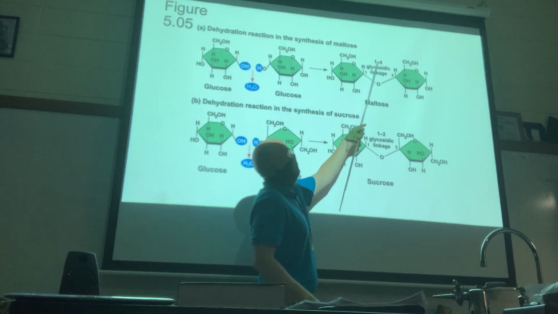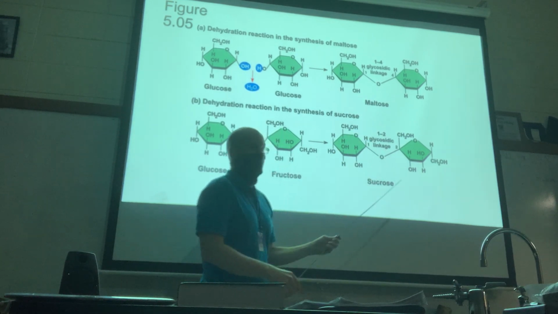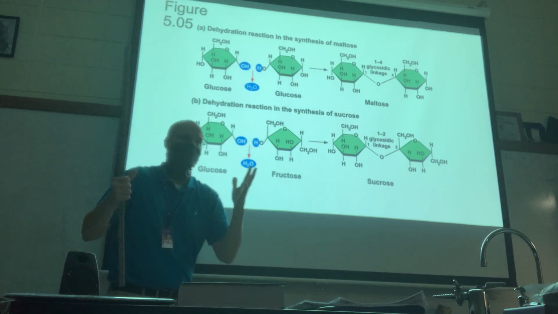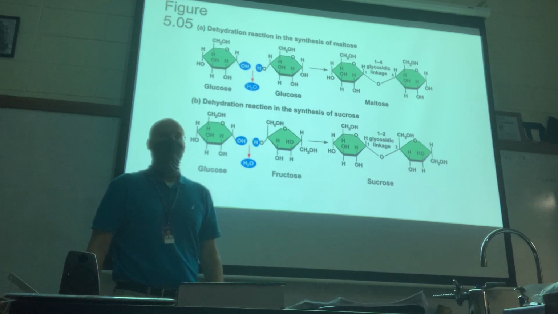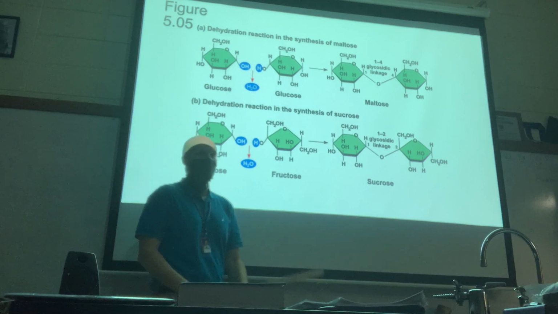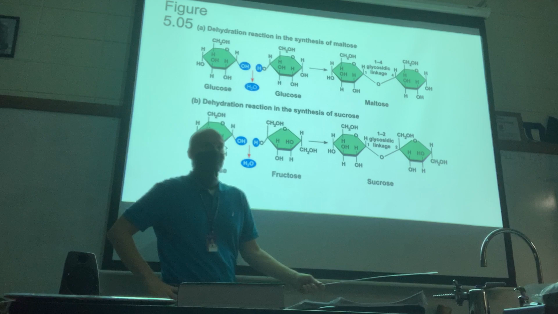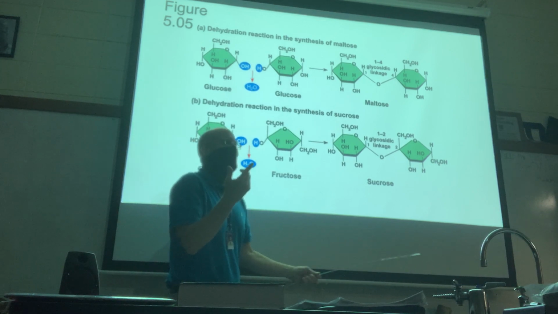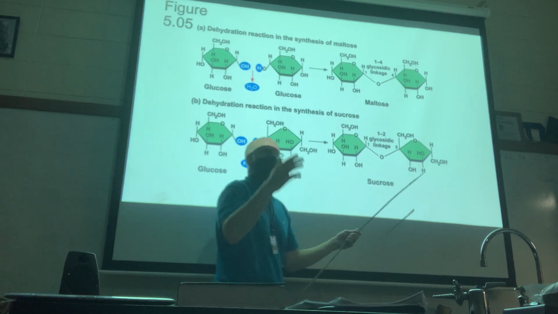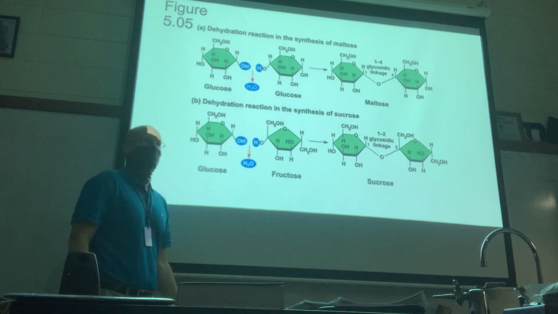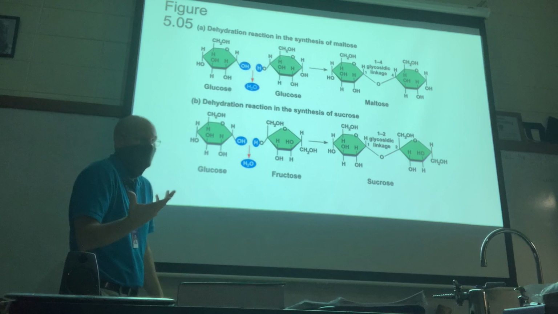Now, notice there's a 1,4 and a 1,2 glycosidic linkage. What do these weird numbers mean? What are the numbers referring to? Spots on the molecules. Which carbon atoms on those different molecules the bonds are between?